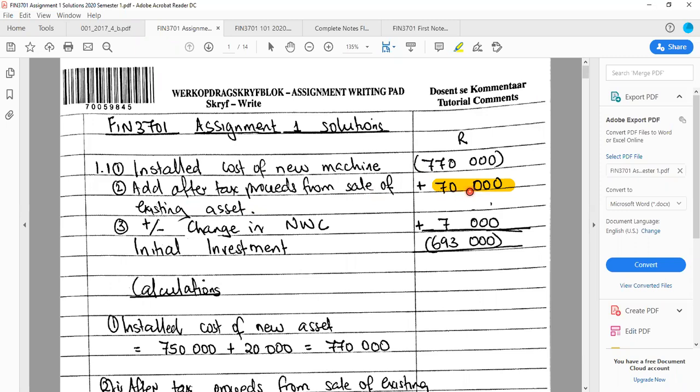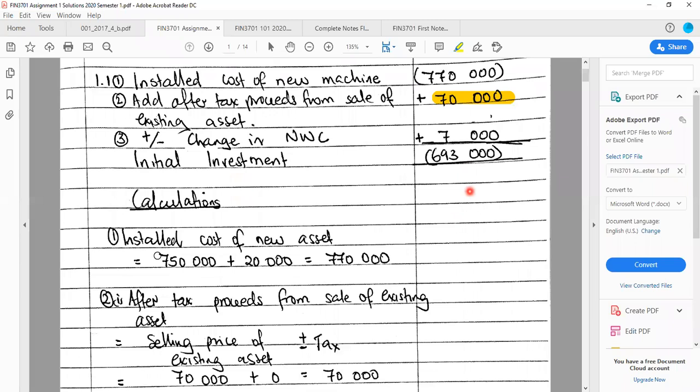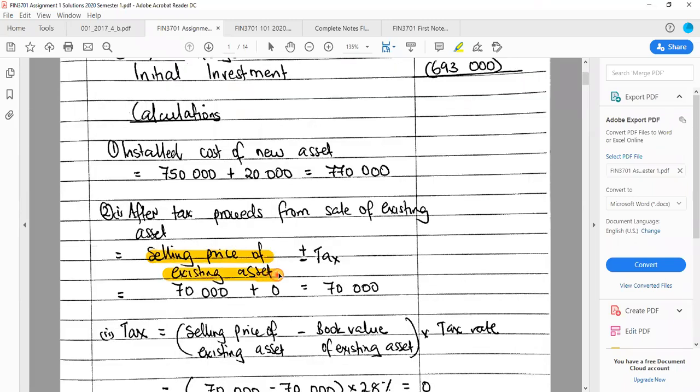To get these, we take the selling price of the existing asset plus or minus tax. Sometimes we are not given this tax. So to calculate that tax that we might not be given, we take the selling price of the existing asset to get to the tax.